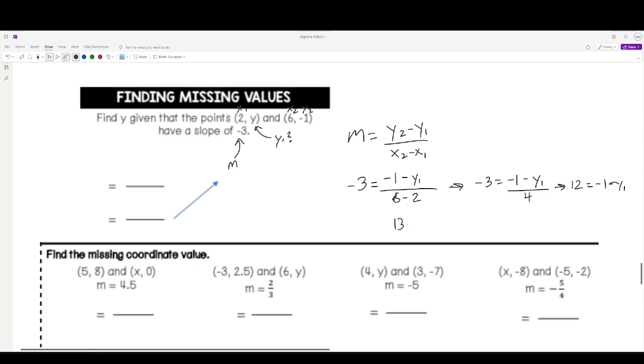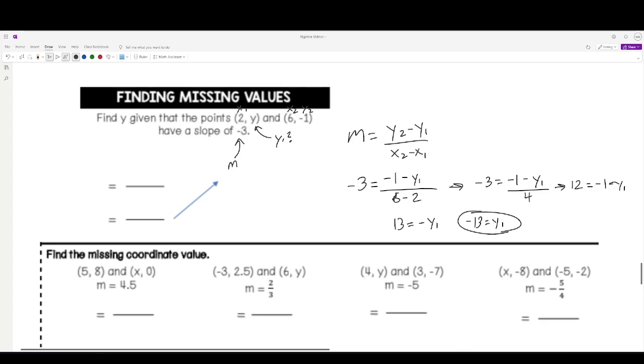That gives me -11 equals -y1. And then finally, my y1 needs to be positive. So I'm going to multiply both sides by -1 and get rid of that negative sign. So I'll have 11 equals y1, and that's my solution.